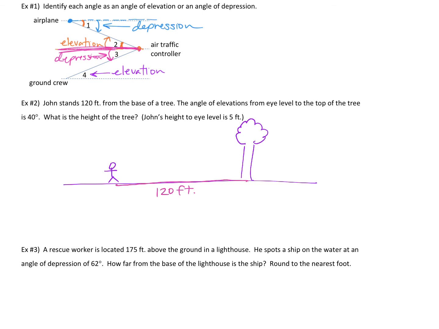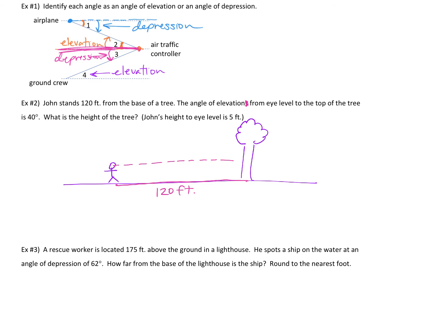The angle of elevation, sorry, it shouldn't be plural, from eye level to the top of the tree is 40 degrees. Now consider where John's eye level starts. He would be looking out horizontal from right here. Sorry, that's not very perfectly horizontal, but you get the idea, right?